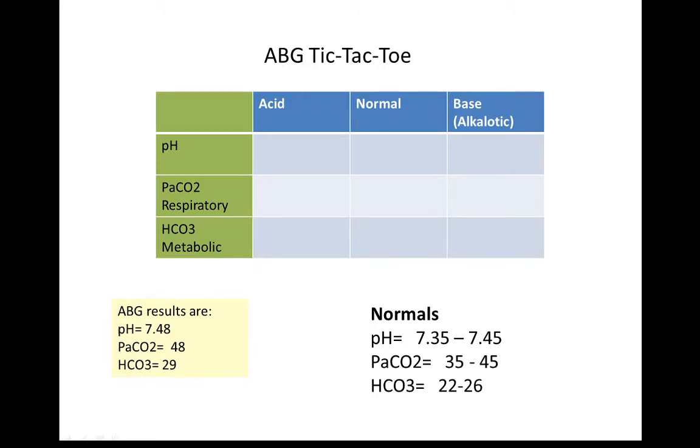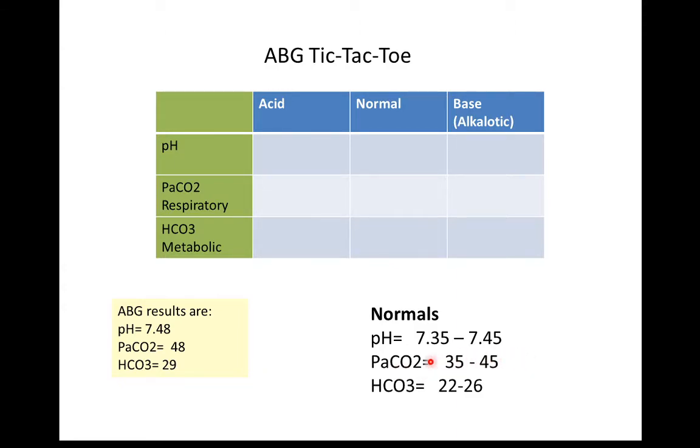So here's another one. The pH is 7.48. Again, that's a base or an alkalotic pH, so we're going to write 7.48 here. The CO2 is 48. Now 48 is higher than what would be expected, so that's more acidic.